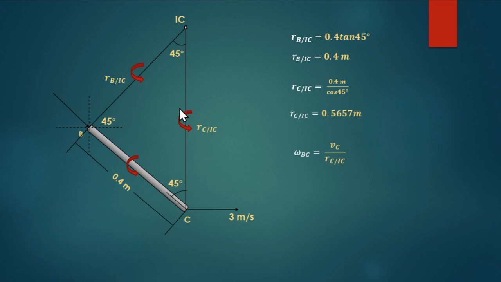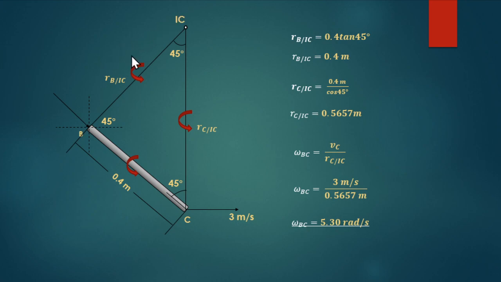Since we know that this rotational motion is equal to this rotational motion, we can get that rotating motion. So VC, 3 meters per second, over RCIC, 0.5657, gives omega BC equal to 5.30 rad per second.